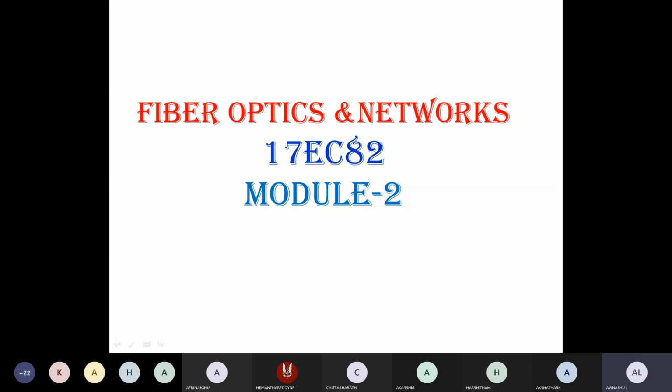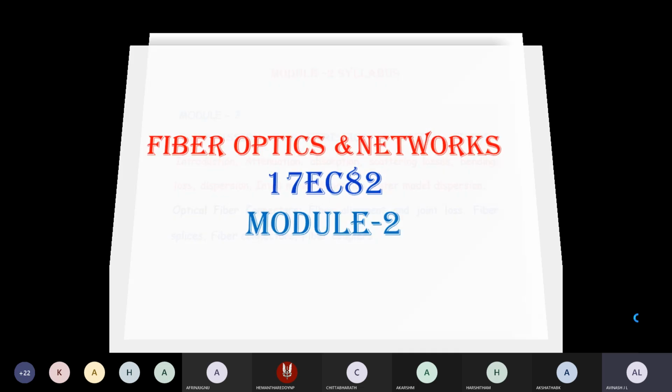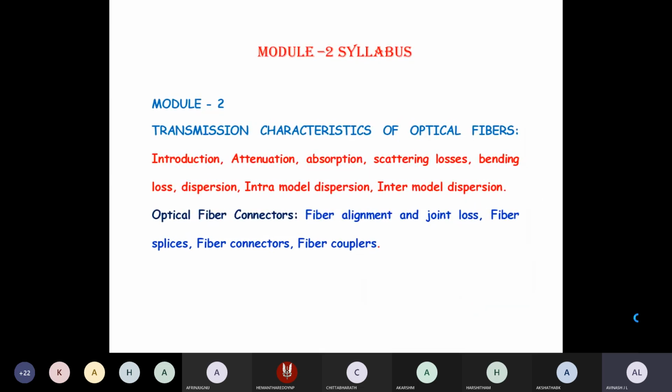Okay. So now today we shall go to the model number 2. The title of the model number 2 is the transmission characteristics of an optical fibers. So in this, we are going to learn about attenuation concepts, the absorption concepts, scattering losses, bending loss, dispersion, intramodal dispersion and intermodal dispersion.